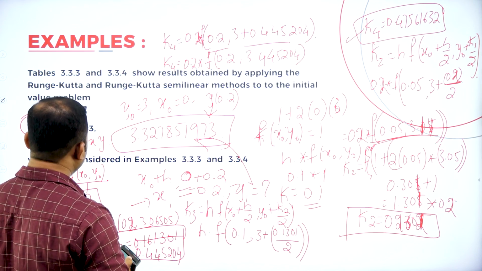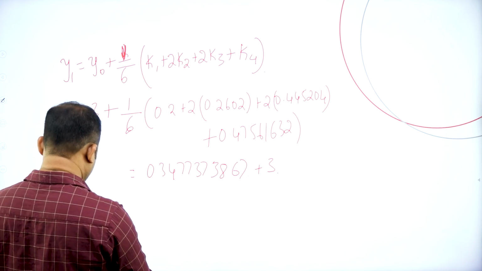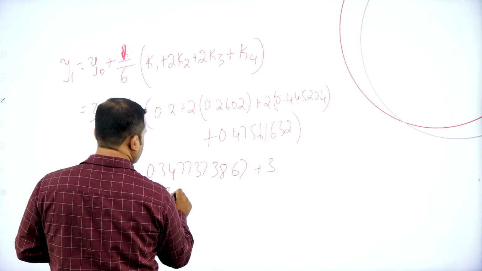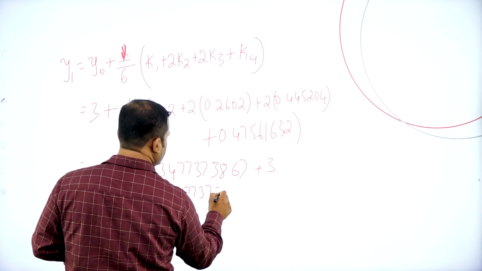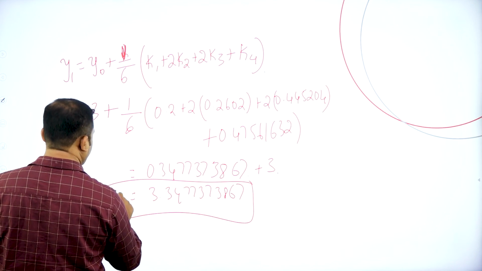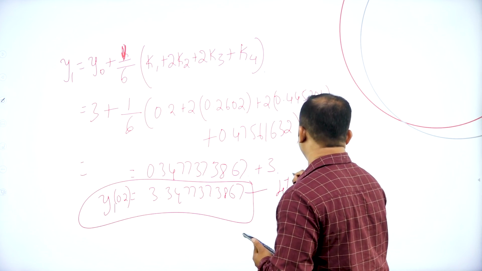Let me see the previous slide. Yes, that is equal to 3.3477373867. That is the value of Y1, that is Y of 0.2, by using the Runge-Kutta fourth order method.